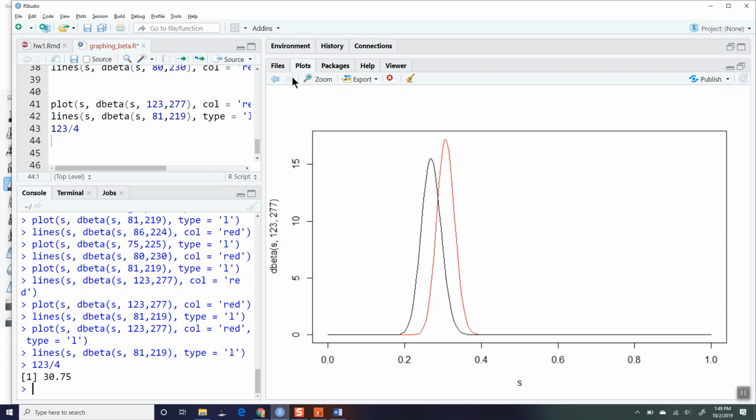Now we've seen 100 at-bats, and the prior distribution is still centered at 0.27, but now that we have seen more at-bats, the amount we've shifted is even more, okay?